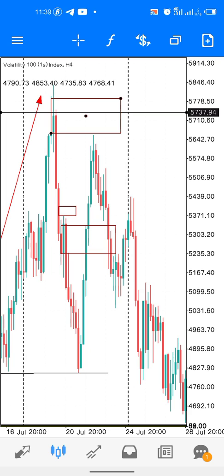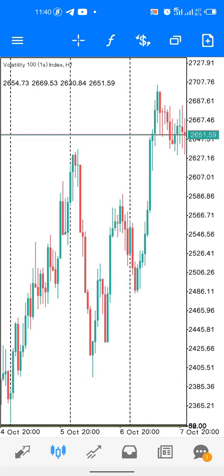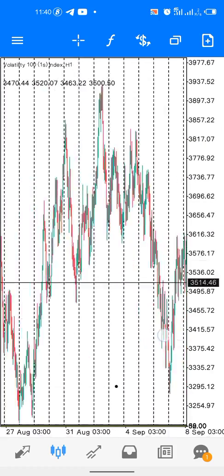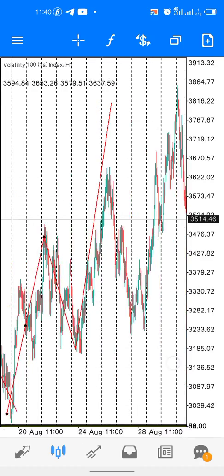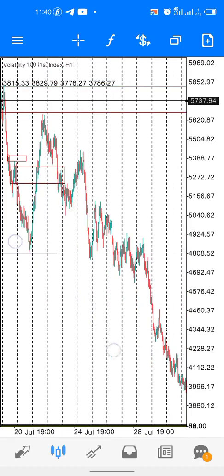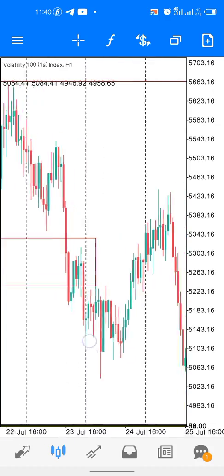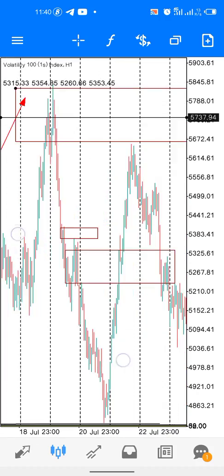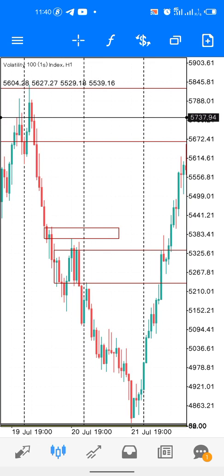Price bounced on this order block at this point, or did not fully touch it, but if we check H1, it bounced on a breaker, the order block breaker, before starting to reverse.